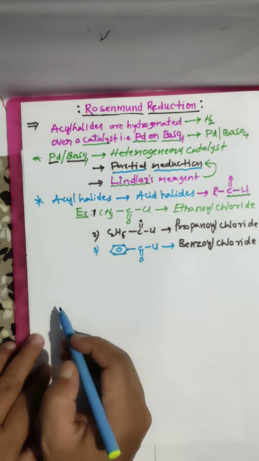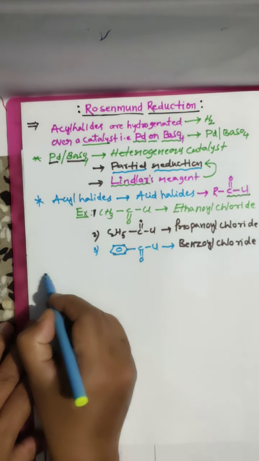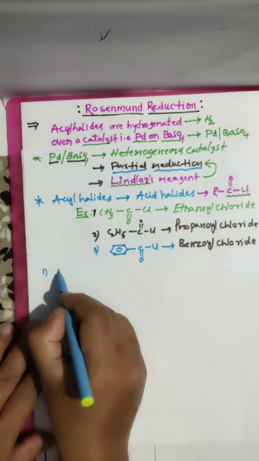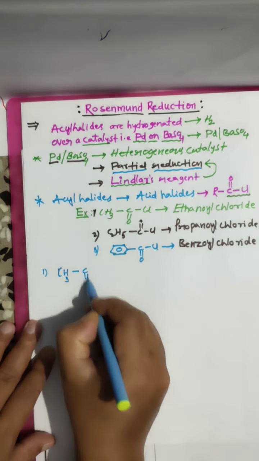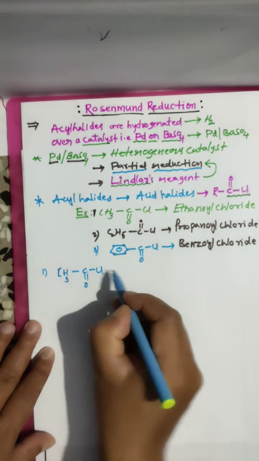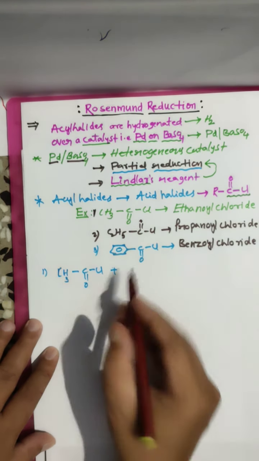First I am taking ethanoyl chloride, CH3 C double bond O Cl, in the presence of hydrogen gas.